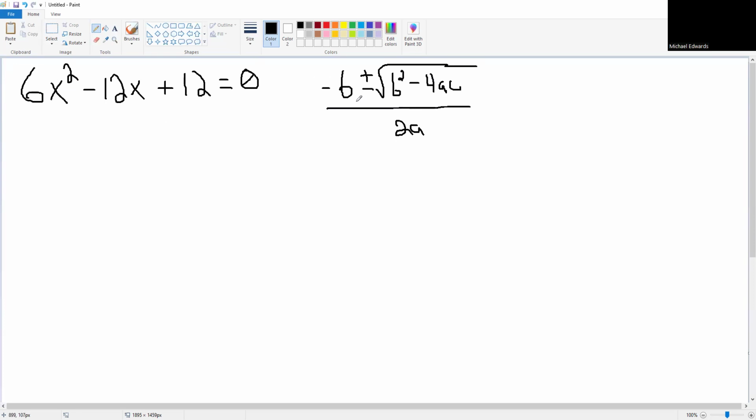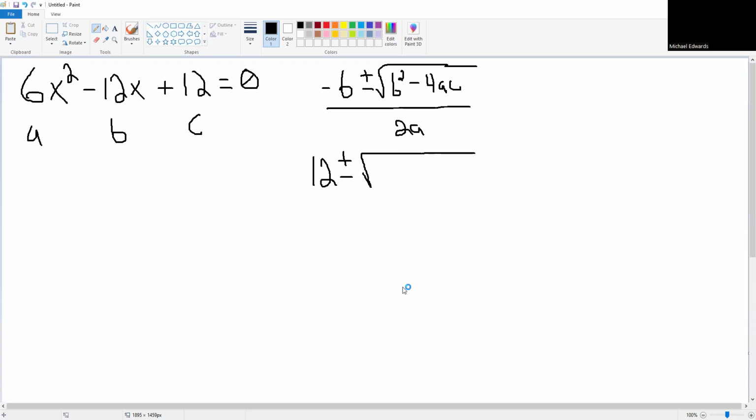Okay, let's identify our numbers. 6 is a, negative 12 is b, and 12 is c. Let's plug them in. So b is negative 12. And this is negative, so we just write down 12 plus or minus the square root of negative 12.